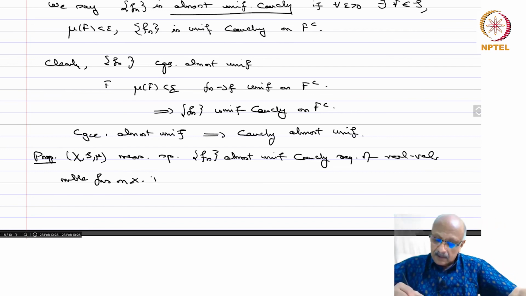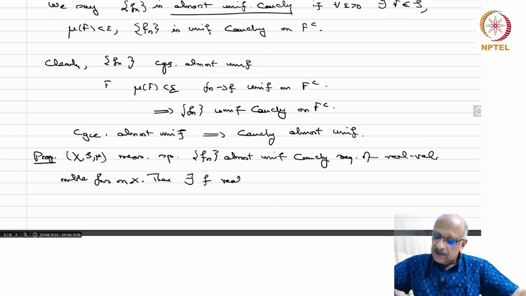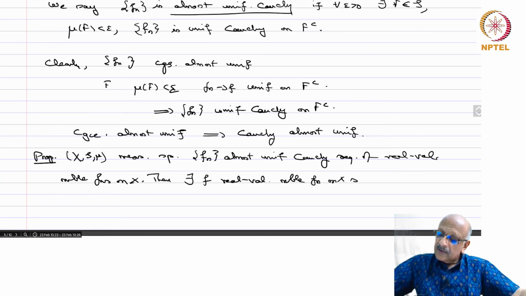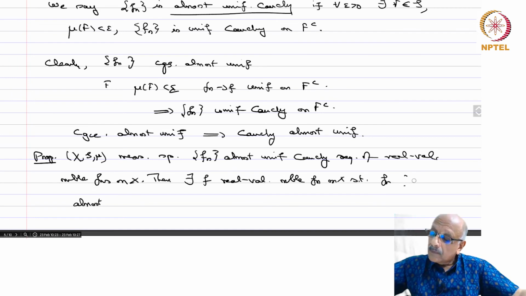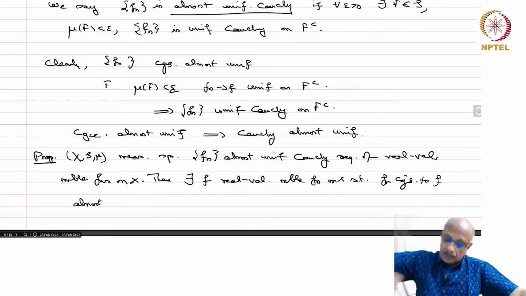Then there exists f, a real valued measurable function on X, such that fn goes to f almost uniformly.